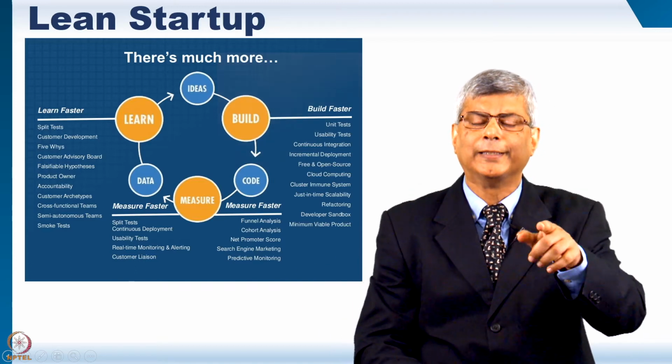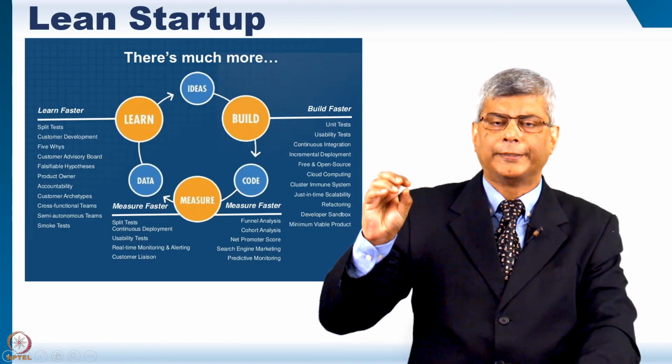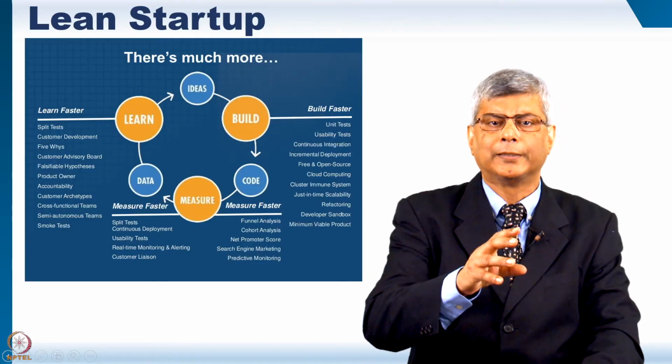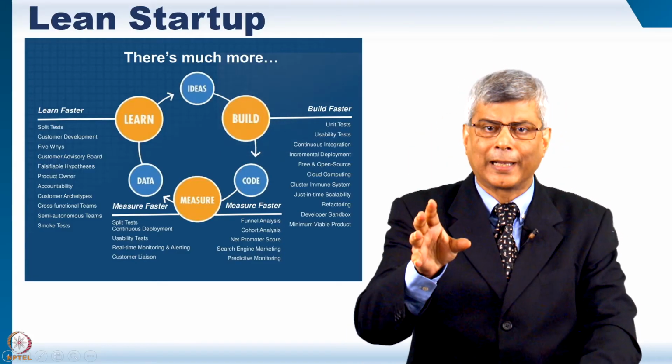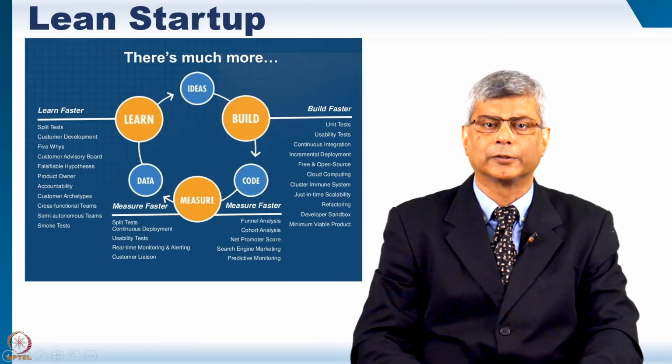This methodology is very iterative. You start with a problem, start with a solution, check it out with the customer, get the feedback from the customer, make the changes, then again go back to the customer, and you keep making the iterative changes.